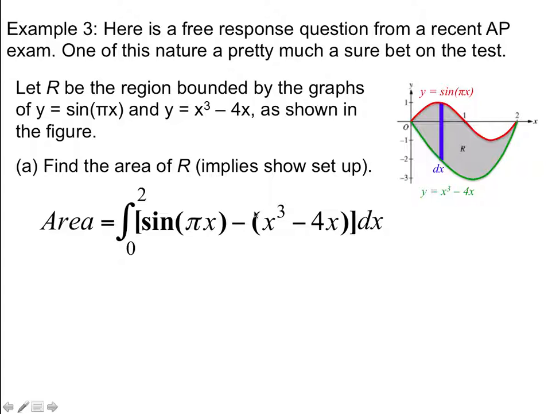So we need minus bracket x cubed minus 4x bracket, and then cap it all off with a set of brackets before the dx. The only other alternative is to distribute the minus sign. So we could potentially have sine pi x minus x cubed plus 4x. That would be an alternative correct answer. So that would get you 3 out of 3 points.